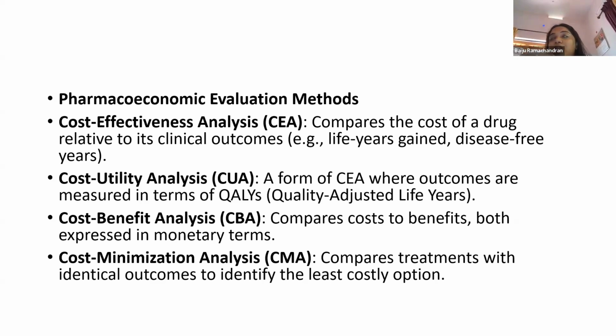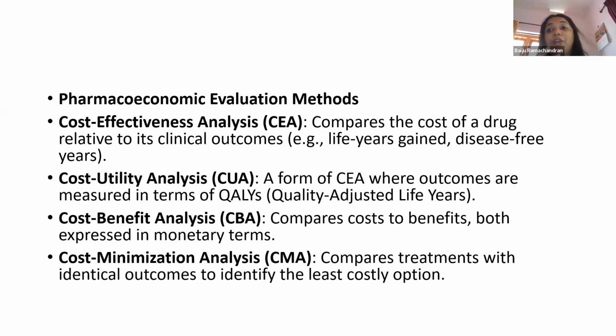And for treatment B, the doctor says the patient can live only for 6 years, but in those 6 years he will live with full quality, like a normal person. He does not need to take medicines or any other therapy. So treatment A means he can live for 10 years, but like a sick person. Treatment B means he can live only 6 years, but like a normal person.